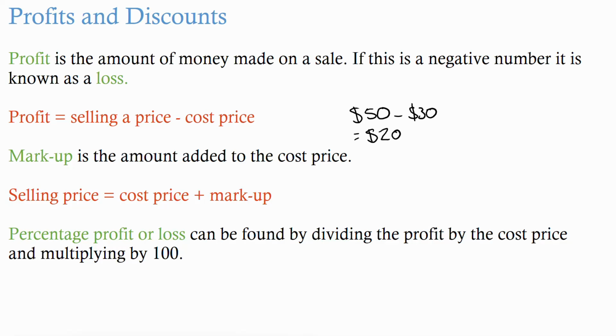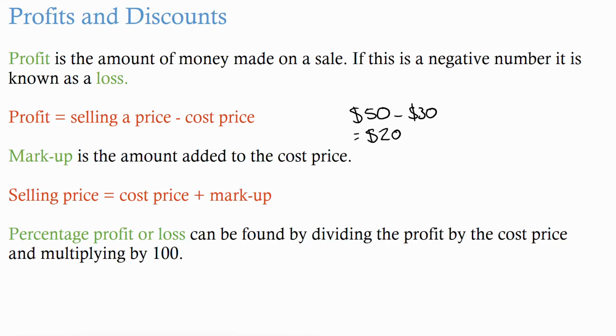The next thing we need to look at is our percentage profit or loss. This is important because a lot of stores use this to show how much they're making on an item. It can be found by dividing the profit by the cost price and then multiplying by 100.